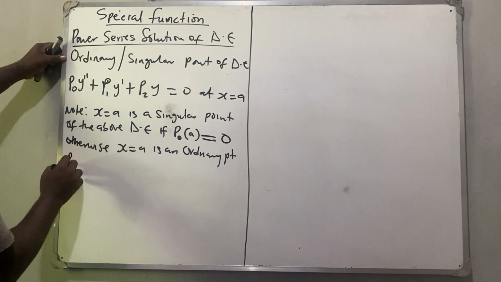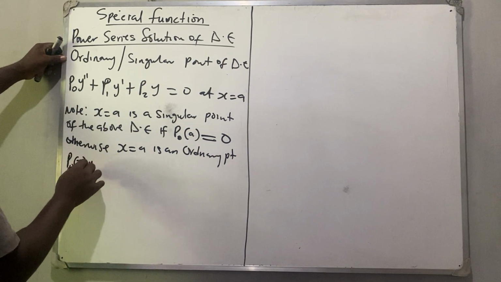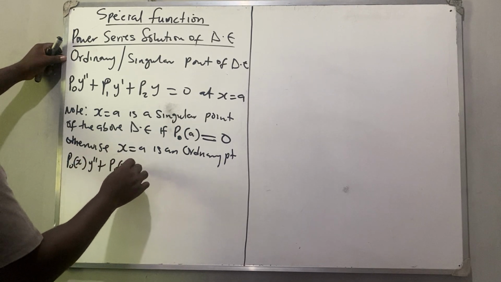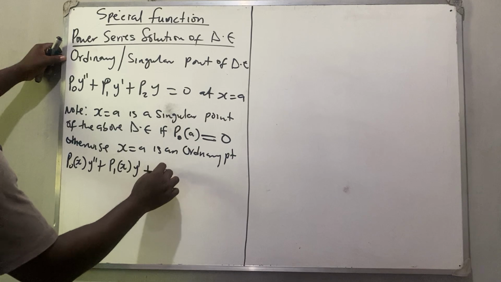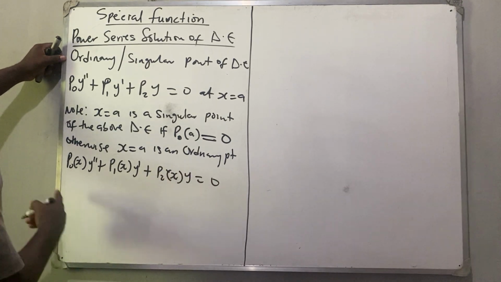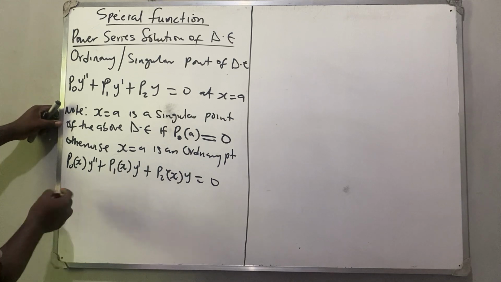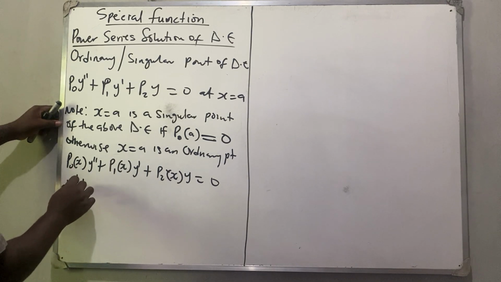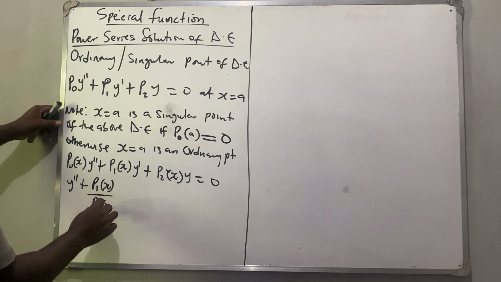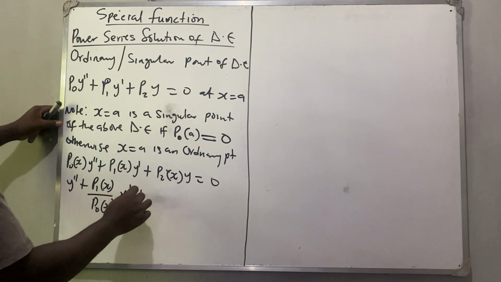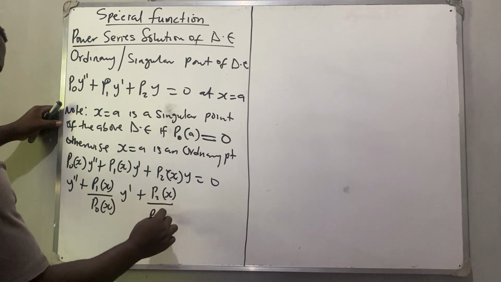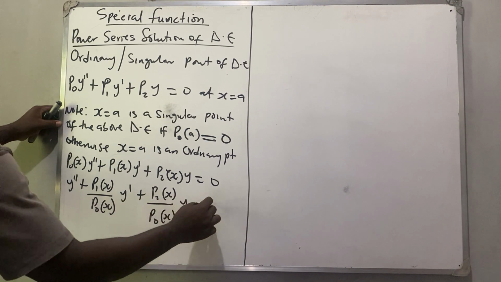Let me write it very well. P naught of x, y prime prime, plus P1 of x, y prime, plus P2 of x, y is equal to 0. Let's divide through by P naught of x. I'm going to have y prime prime plus P1 of x over P naught of x, y prime, plus P2 of x over P naught of x, y is equal to 0.